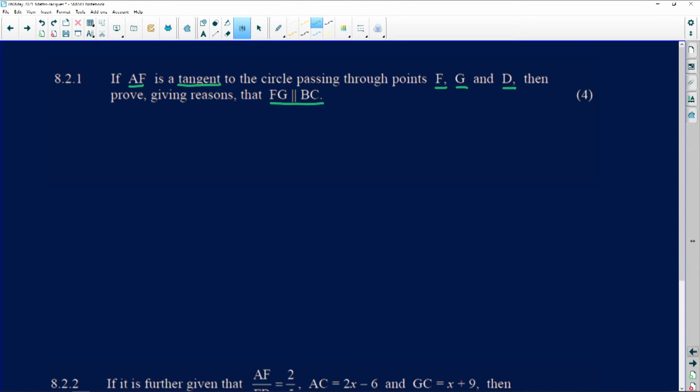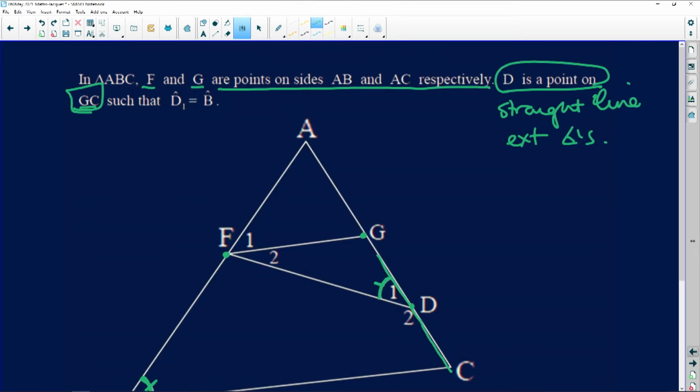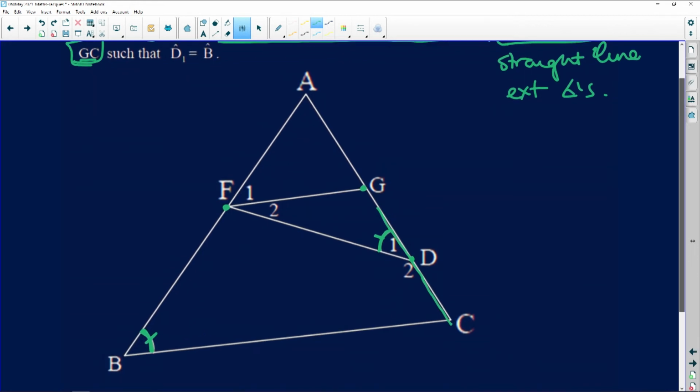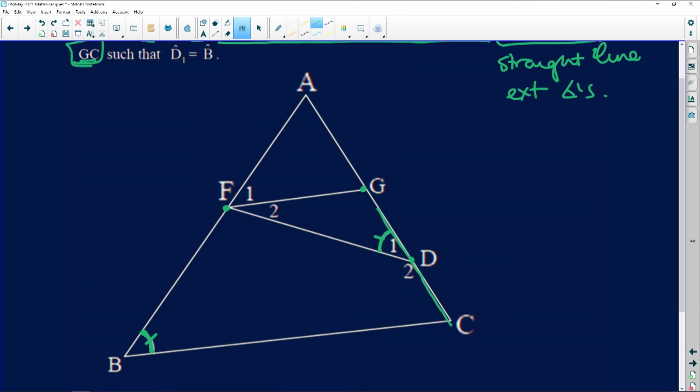So let's just go back one more time. If AF is a tangent to the circle that passes through the points F, G, and D. So let's just highlight those points. F, G, and D. This line is the tangent. The angle between the tangent and the supposed chord is equal to the angle in the alternate segment.